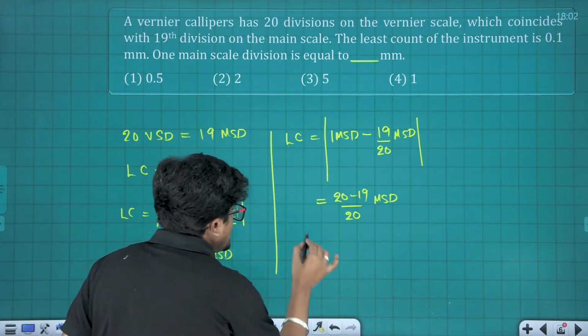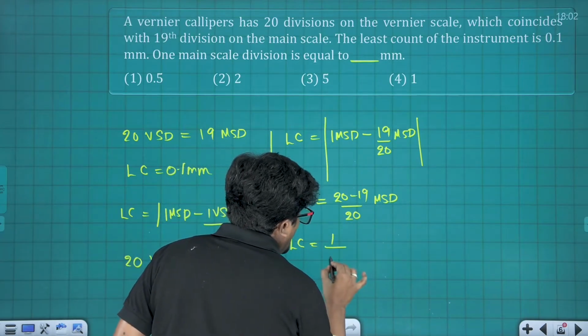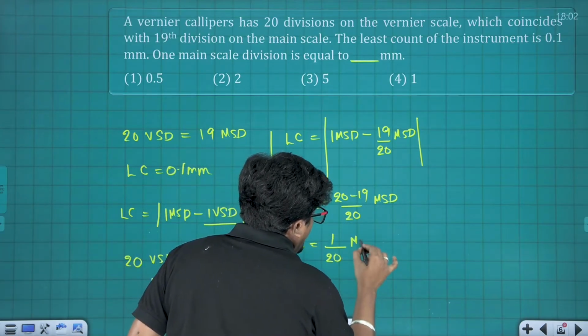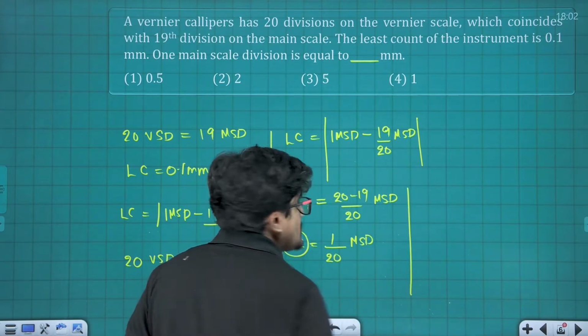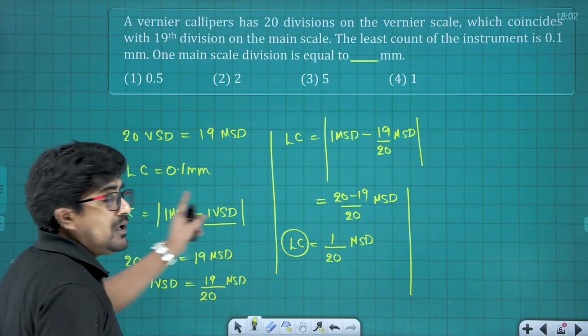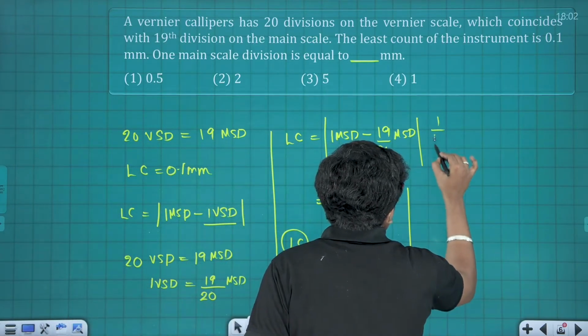So least count equals 20 minus 19 is 1 upon 20 MSD. Now let me substitute the values here. What is the least count? 0.1 mm. I am going to write it as 1 by 10 mm.